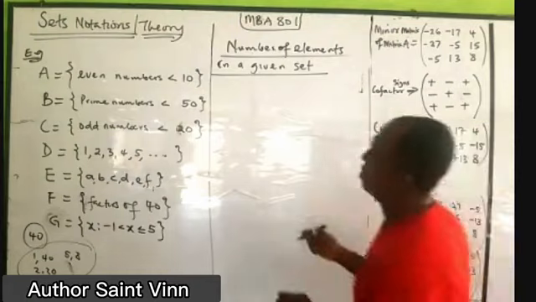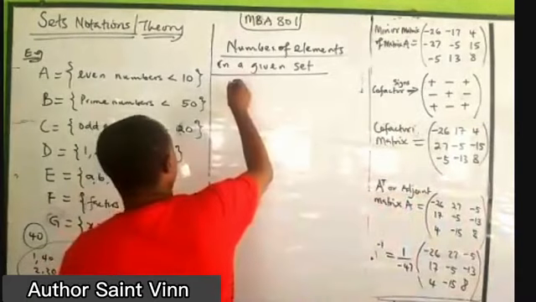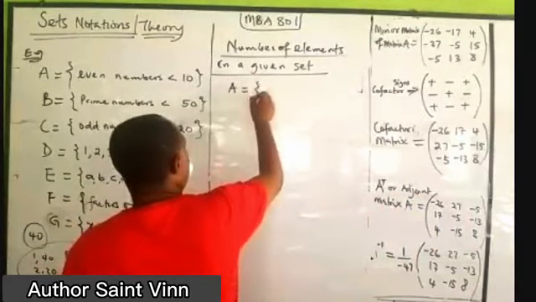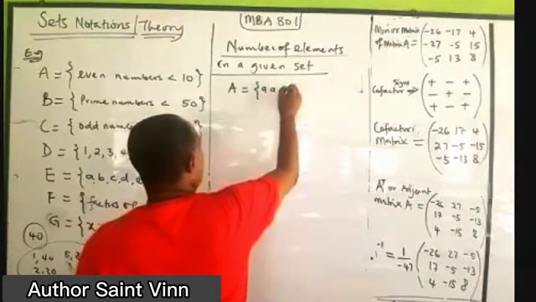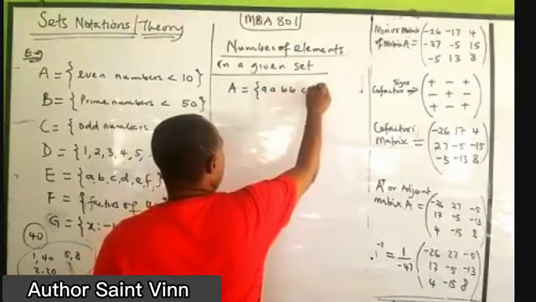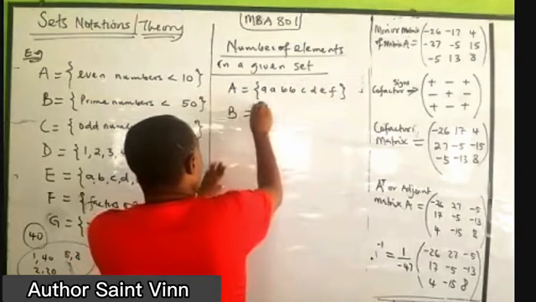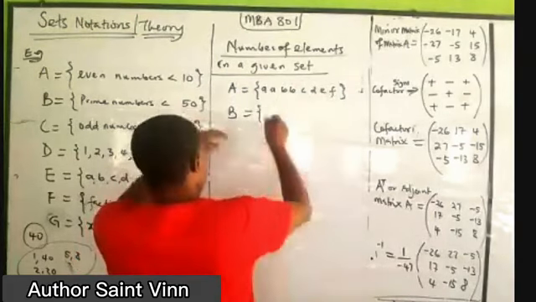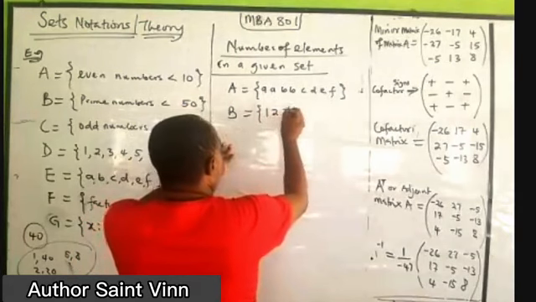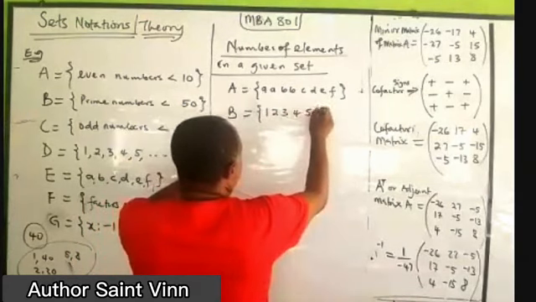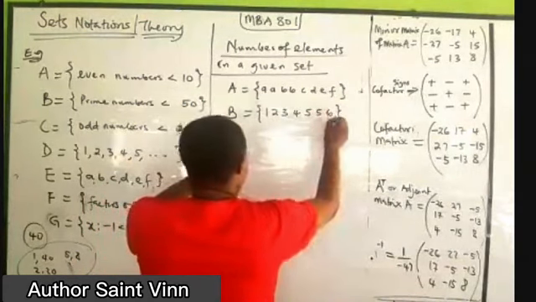For instance, I have this set A: a, b, c, d, e, f. Set B: maybe I have 1, 2, 3, 4, 5, 5, 6, like this.